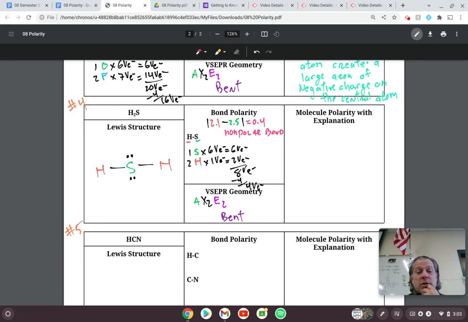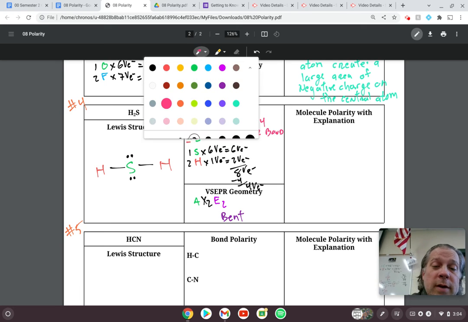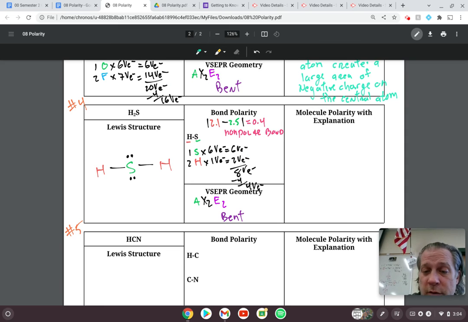And if I don't have to draw any arrows, now I can focus on molecular polarity. Now, even though the bonds are non-polar, I'm going to tell you that in this particular instance, this is going to be a polar molecule.